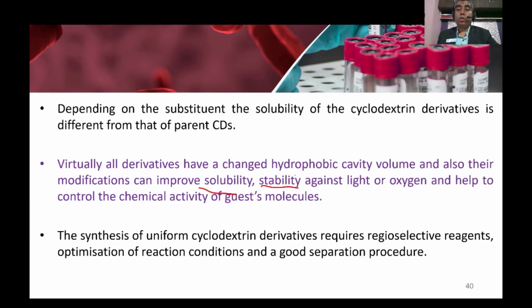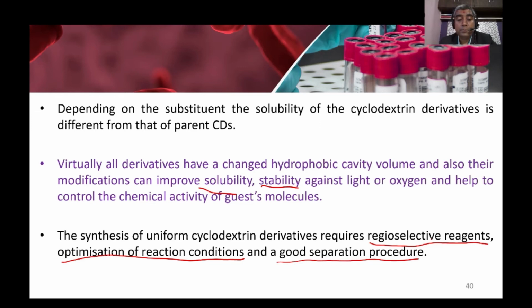The synthesis of uniform cyclodextrin derivatives requires regioselective reagents, optimization of reaction conditions, and a good separation procedure. So if anyone wants to synthesize these cyclodextrins in the laboratory, we require these three main things.